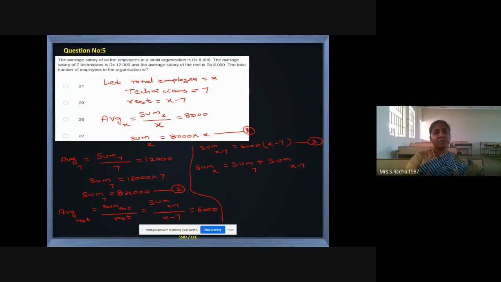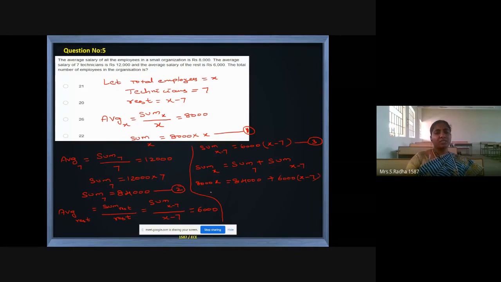In equation 1 it is 8,000x, in equation 2 it is 84,000, and in equation 3 it is 6,000 into x minus 7.